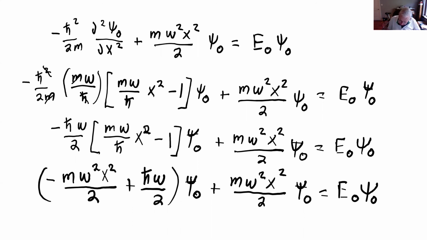And this term here and this term there are the same, so those two cancel. And that leaves me with the energy E0. When I'm all done with all that work, I get that E0 is equal to h bar omega over 2.